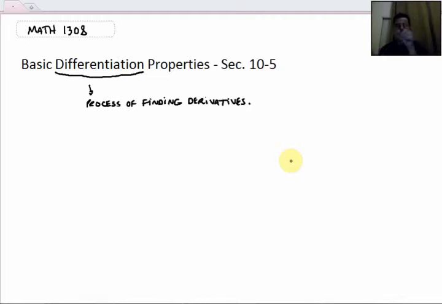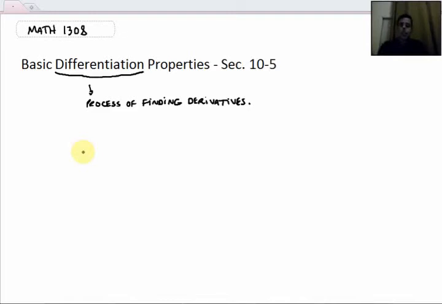You're taking the difference of the y values, the average change, and you're dividing it. But anyway, every time you see the word differentiation it means finding derivatives, okay? So it's about basic properties for finding derivatives.